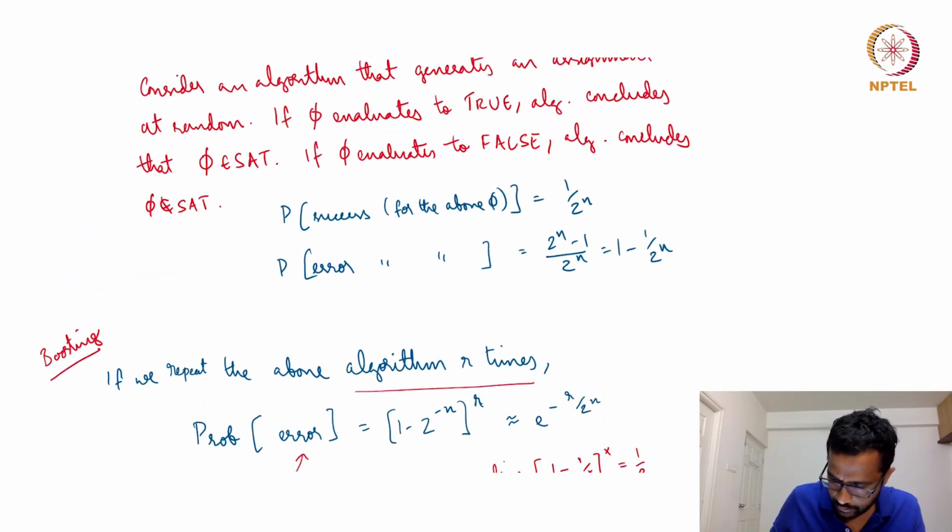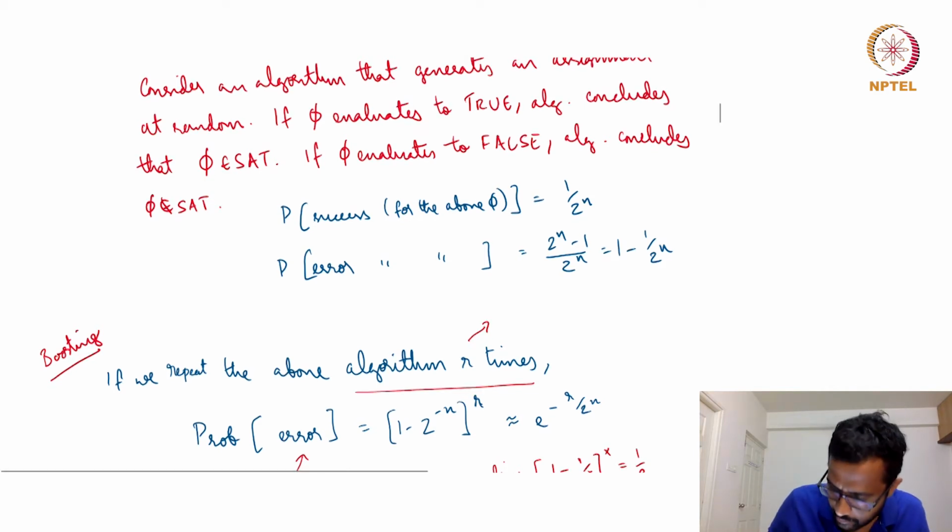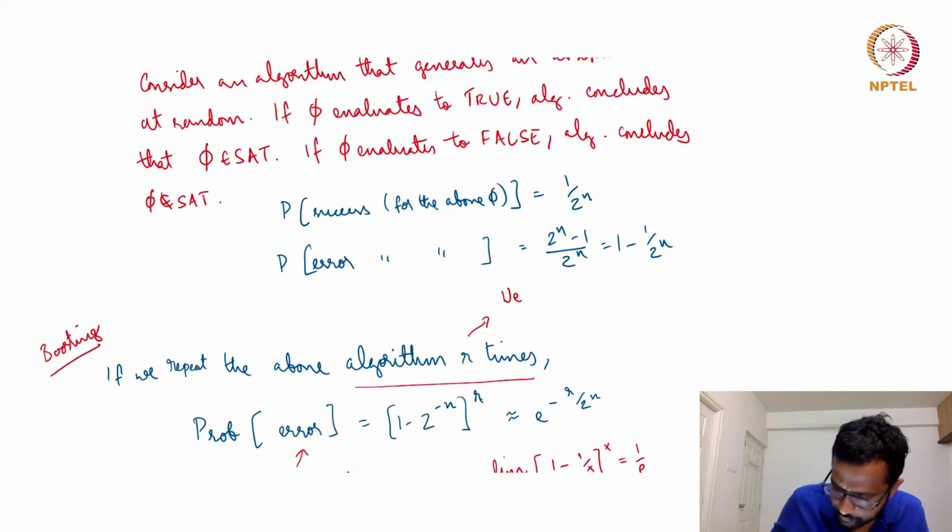So just think about this. So how do we report whether the phi is satisfiable or not? Think about why this works.